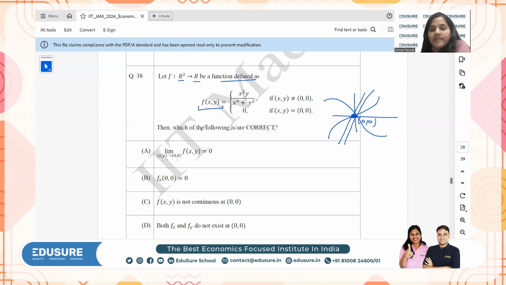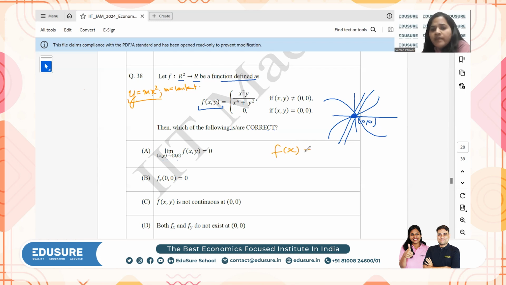So let us consider a family of curves y equals m x square, where m is a constant. It can take any value, 1, 2, 3, 0, etc. Now for this family of curves, when we put x equals 0, y equals 0, so this family of curves is passing through the origin. So the function for this family of curves takes this form.